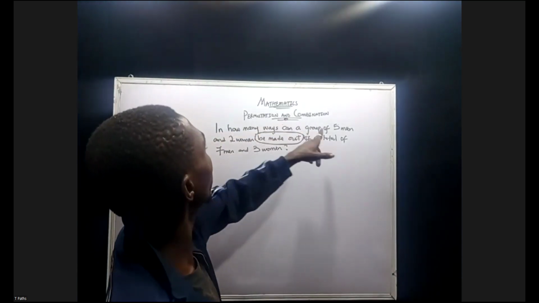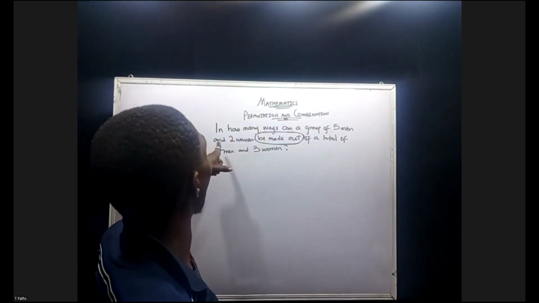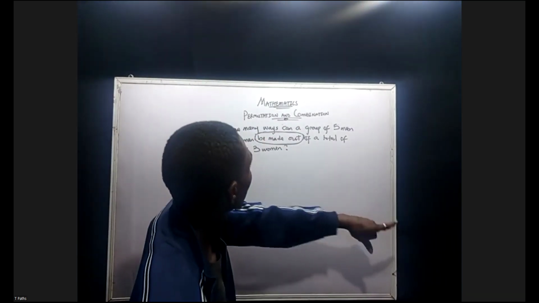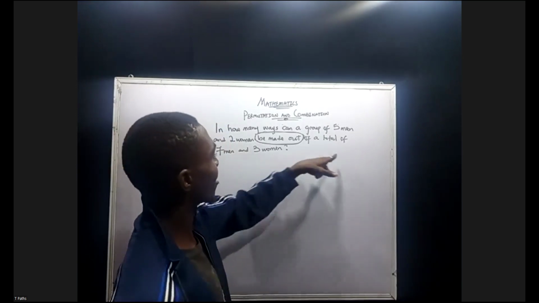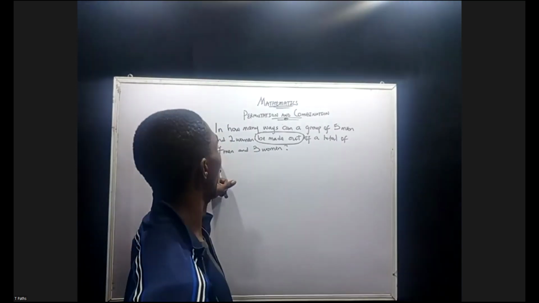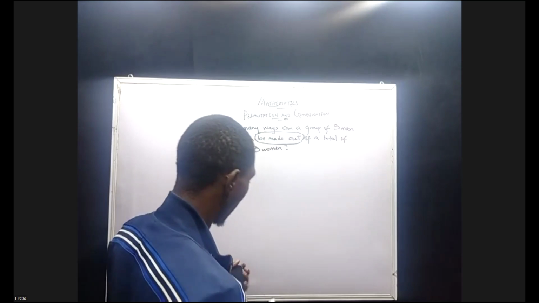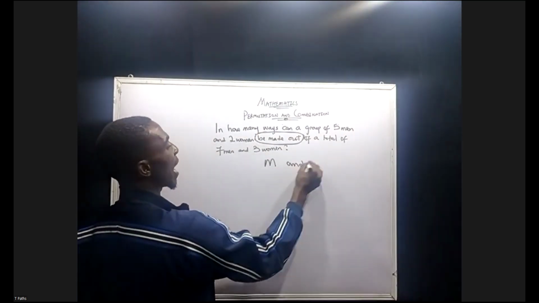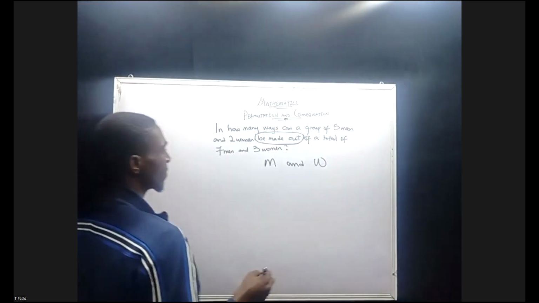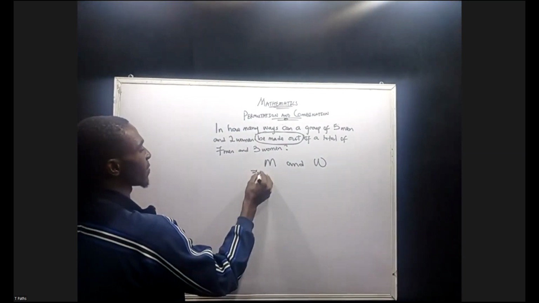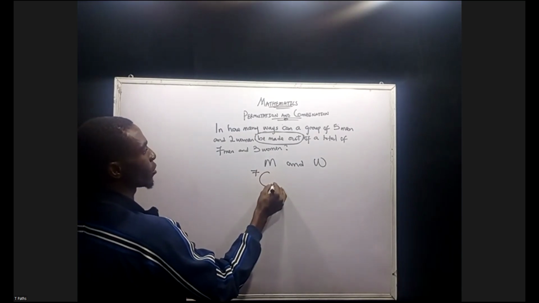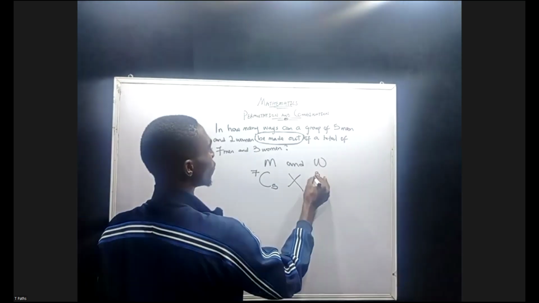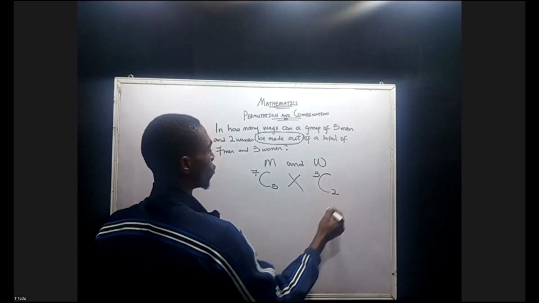So in how many ways can a group of 5 men and 2 women be selected, chosen out of a total of 7 men and 3 women? So you start by saying men and women. How many men out of 7 men do we want to choose? Those 5. And out of 3 women, we want to choose those 2.